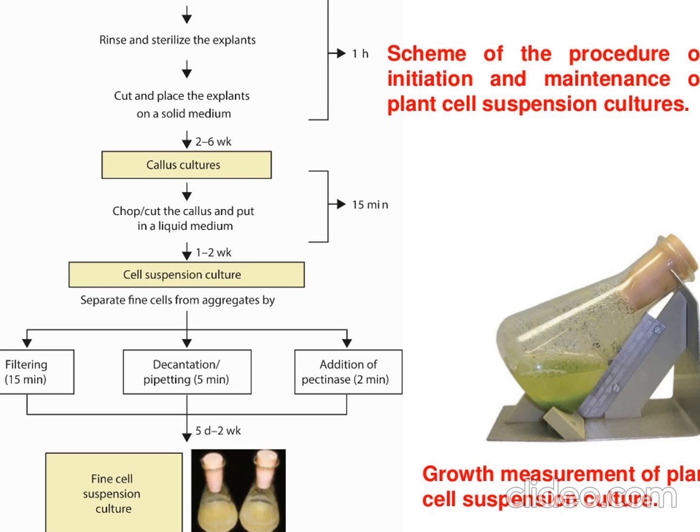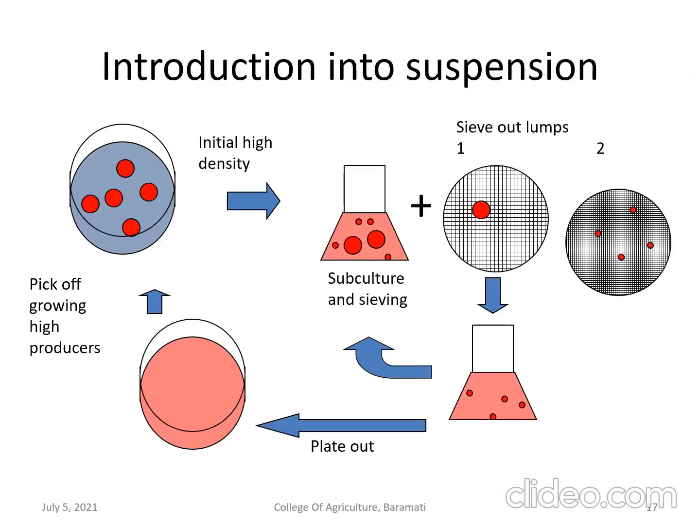Then you can separate these cells from suspension culture by either filtering it, decanting it, or adding pectinase enzyme, which will dissociate the cells from cell clumps, and finally you will get a fine cell suspension culture where only single cells are suspended in a liquid media. So this is the scheme of the procedure to initiate a cell suspension culture.